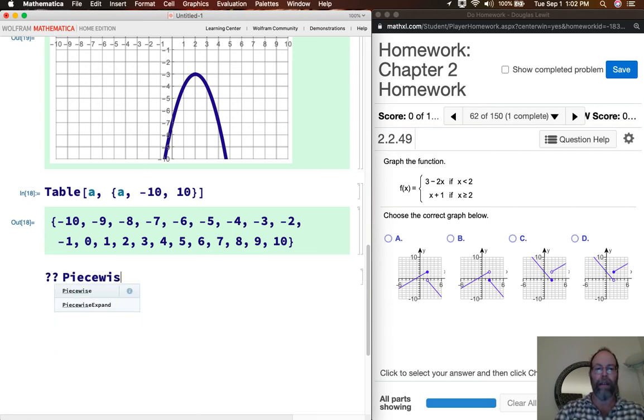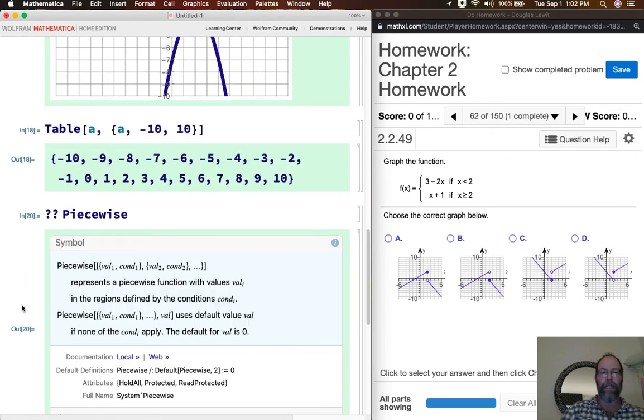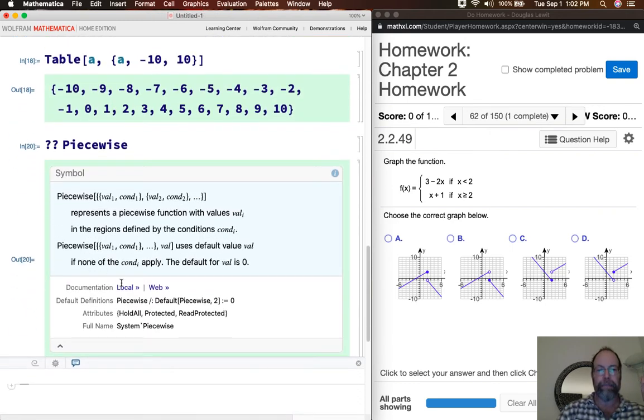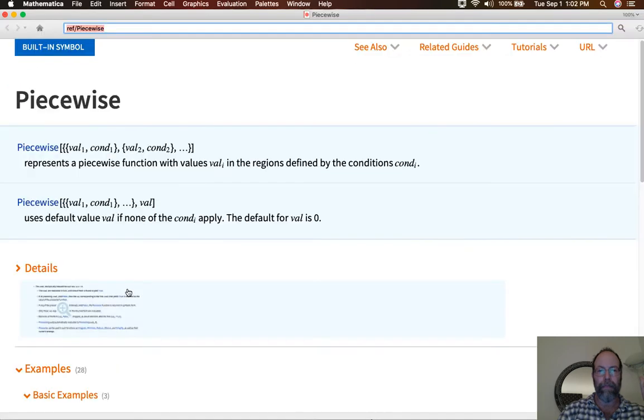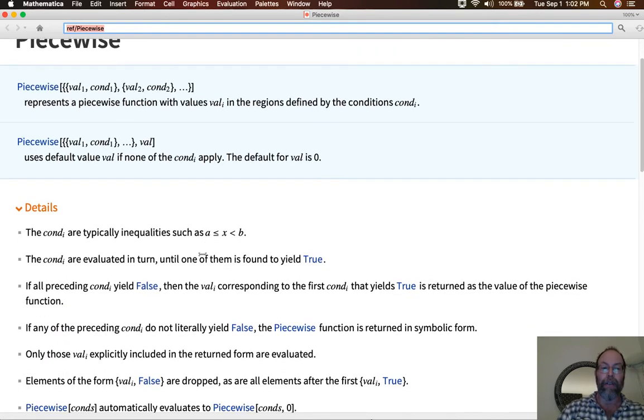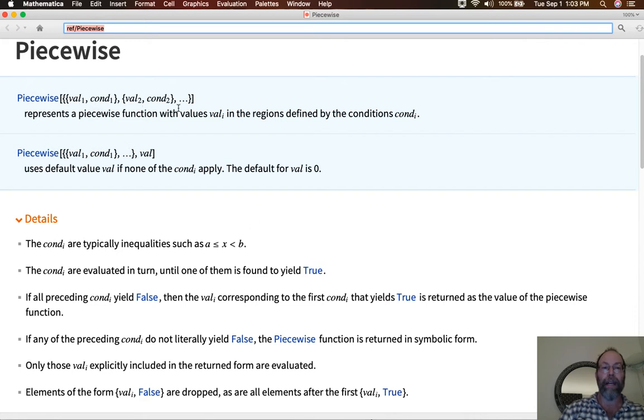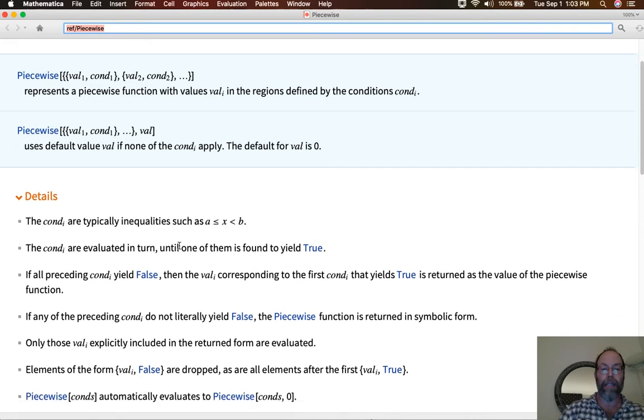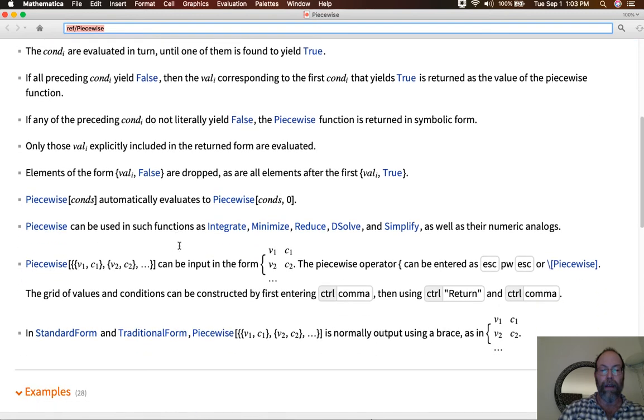Okay, piecewise. Now let's see. I'm going to press local. So this is a description of Mathematica's piecewise function, which is what we should use for number 62. You don't have to, but I recommend it. The conditions are typically inequalities.